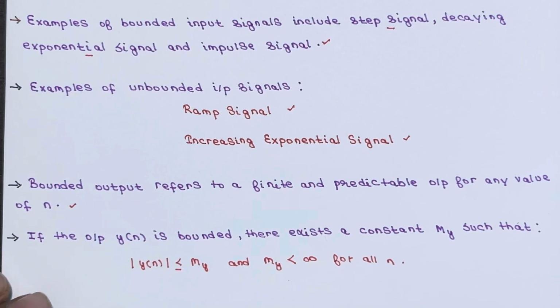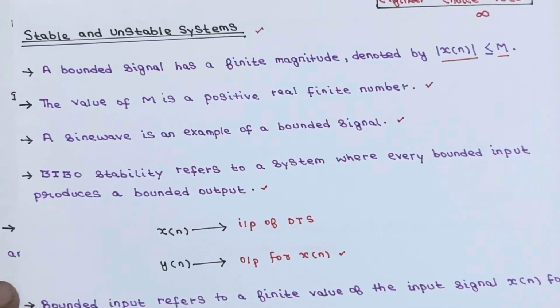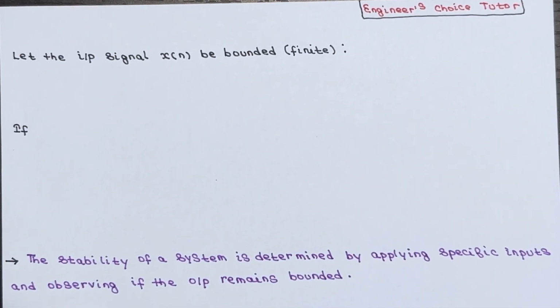So hope it is clear to you what is bounded input, what is bounded output, and what are the conditions for that.